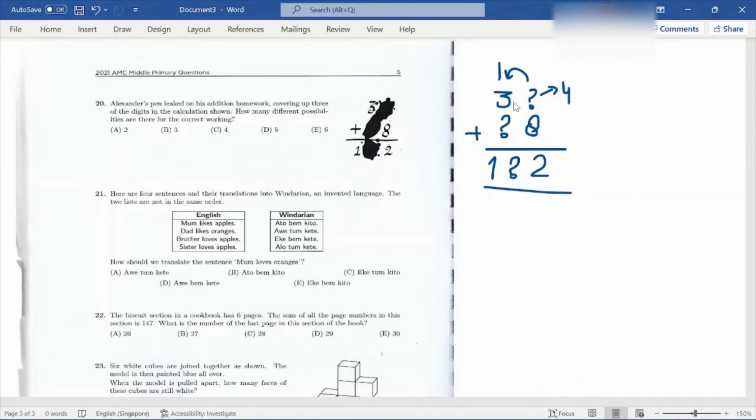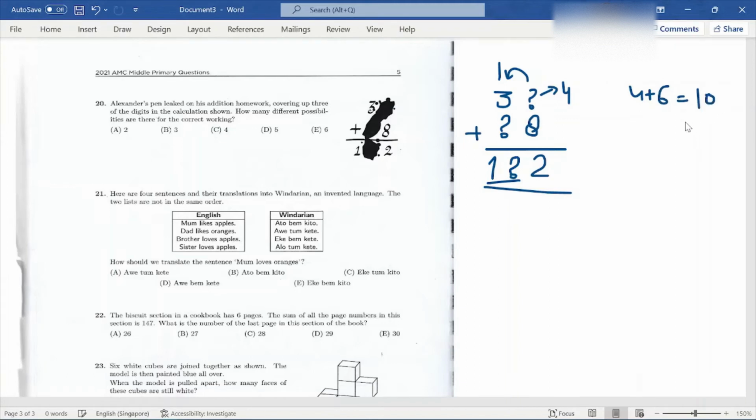So if you are adding 3 plus 1, 4, in all ways you would have to add that. So 4 plus what gives you 2 digits? 4 plus 5 gives you 9, not our answer. We need something that would have 2 digits and have 1 at tens. 4 plus 6, yes, can be our answer.